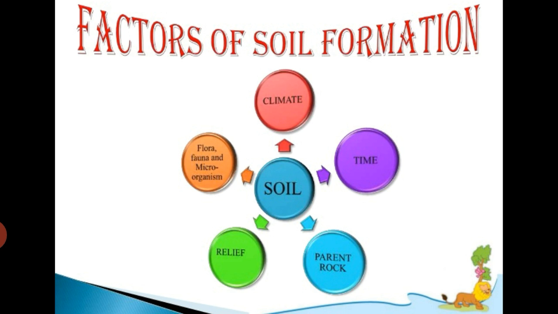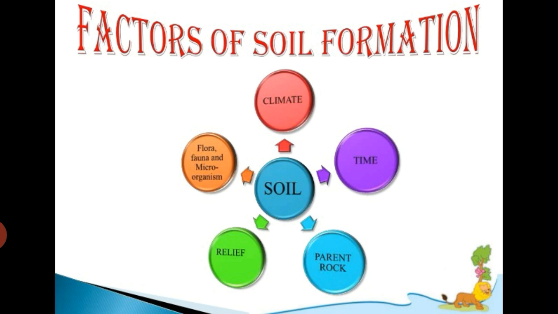Then the fourth one is time. The time for the soil to develop and the thickness of the soil is another predominant factor. And the last one, the fifth one, is the climatic conditions.